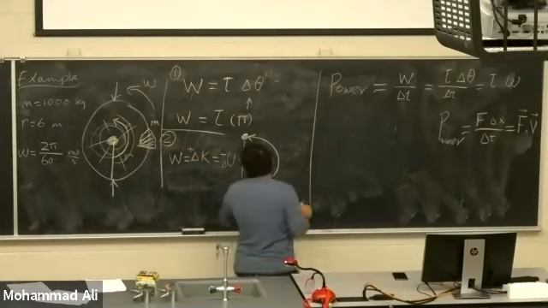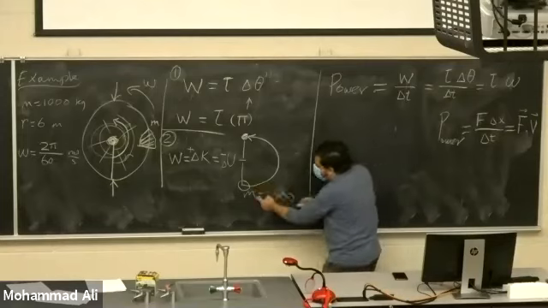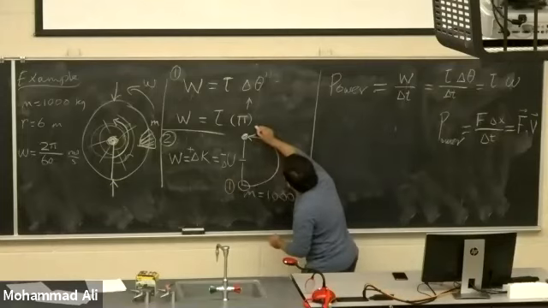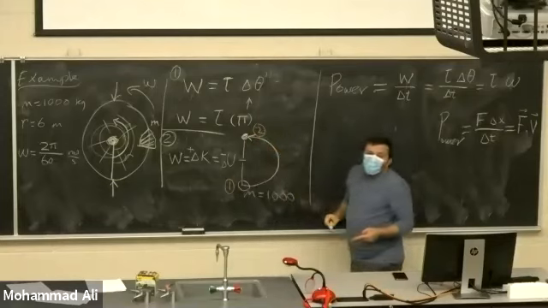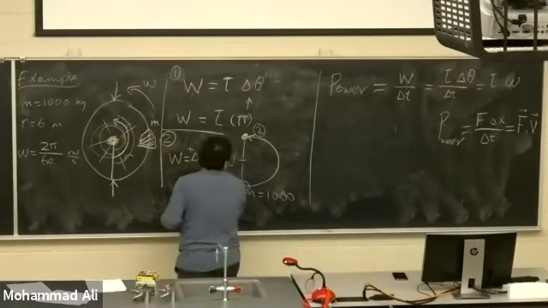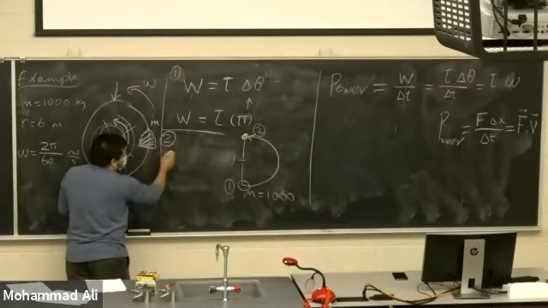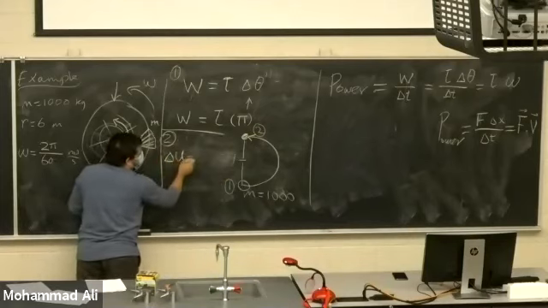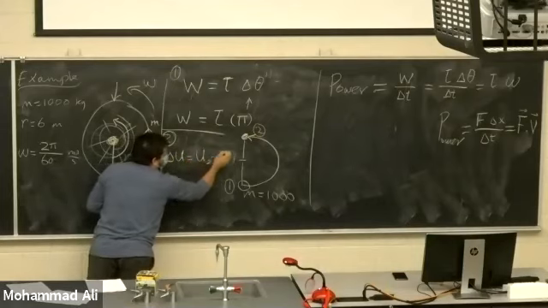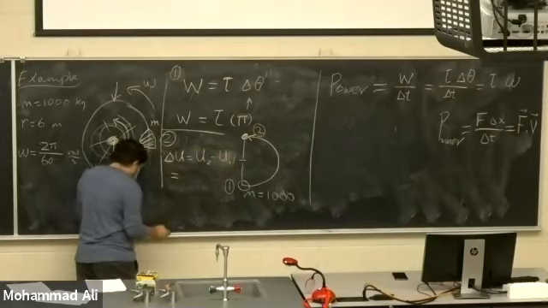So, if you look at the mass between the initial point and the final point, how much is the change in potential energy? The change in potential energy is equal to U2 minus U1.